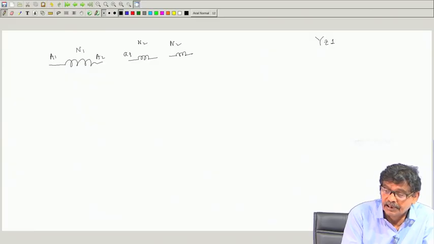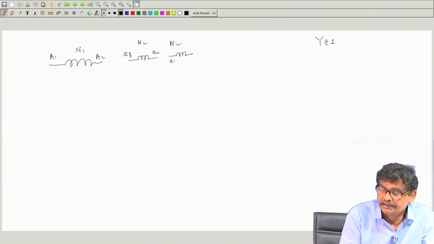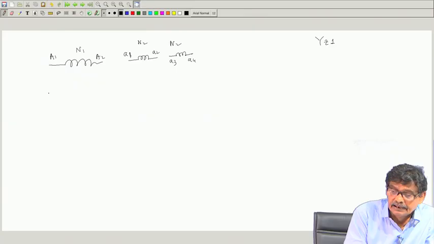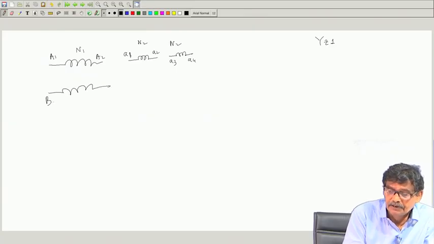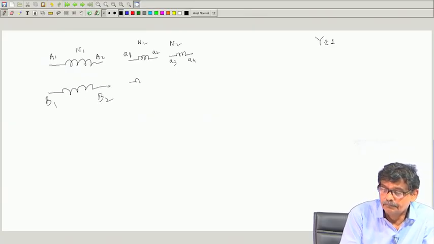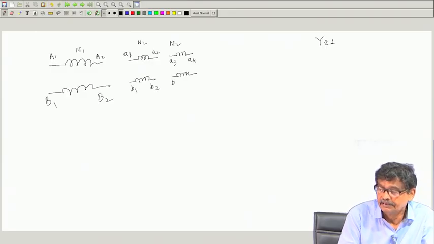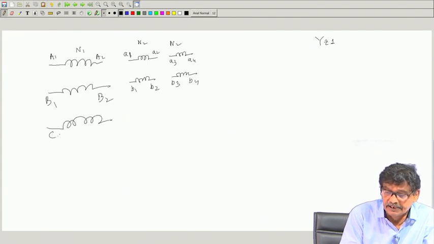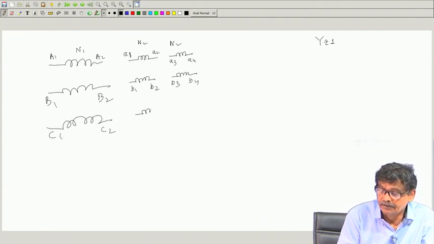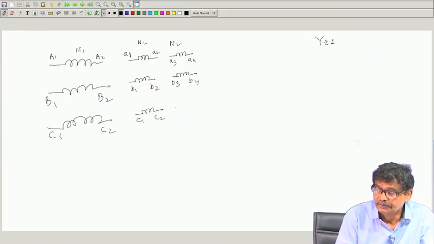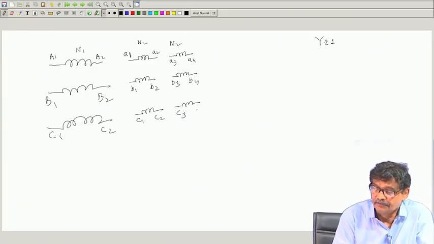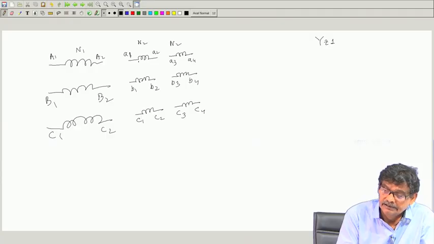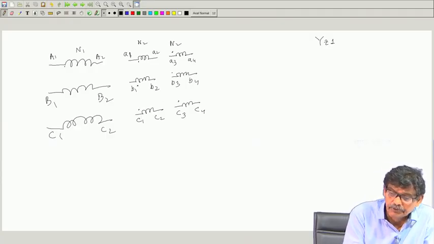Let me do first A1 A2 and A3 A4, is it not, then B1 B2, this is small b1 b2, this is B3 B4 and finally you have C phase C1 C2 and small c1 c2, C3 C4, and all these odd numbers are dots relative to its primary.